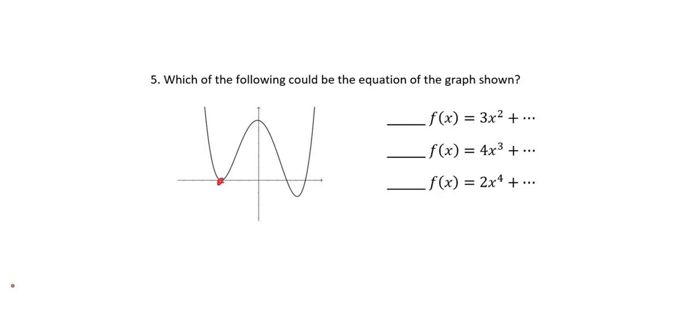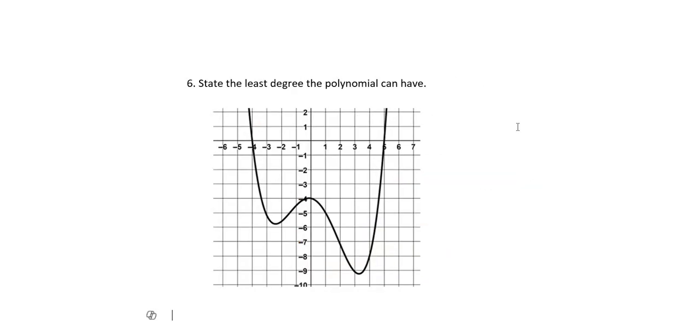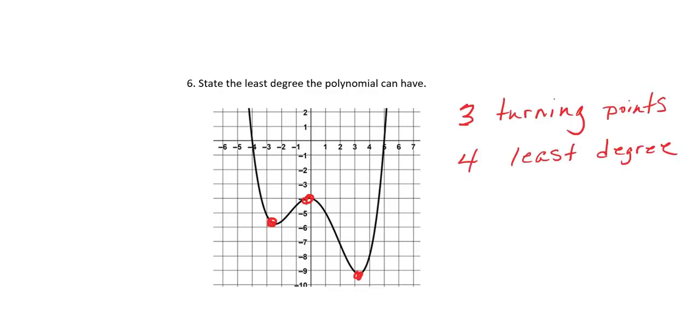I have 1, 2, 3 turning points, so the least degree is 4, so that only leaves me that last option as a possibility. Pause the video and see if you can do this problem on your own. Now we have 3 turning points, so I know the least degree is 4.